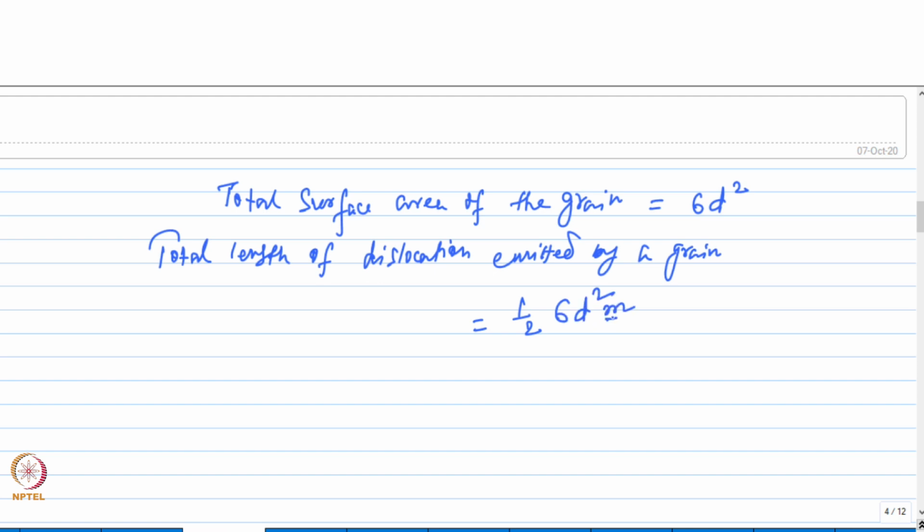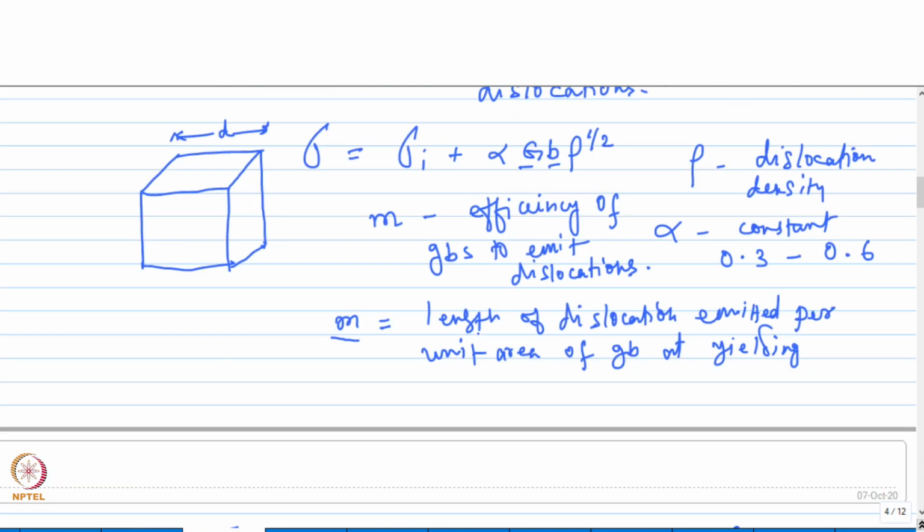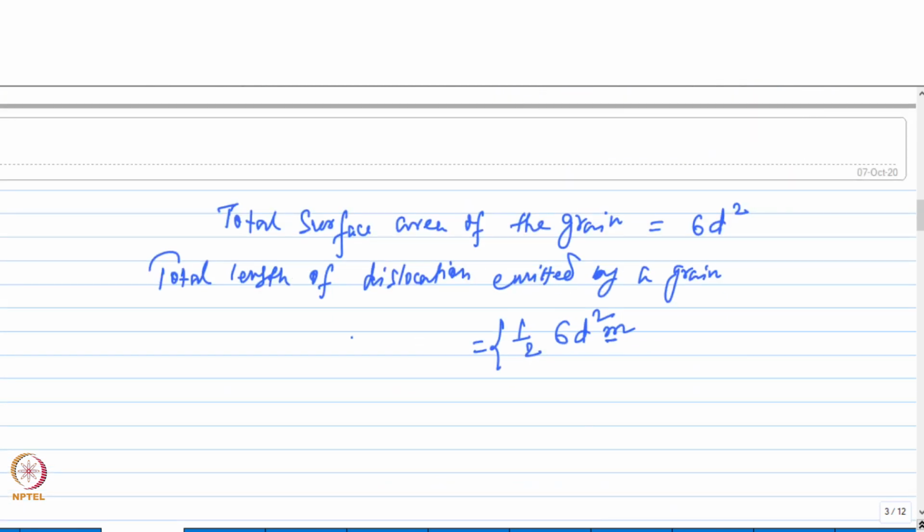Because M is the efficiency, so you have to bring M over here. And the factor half comes because each of the faces of this grain is shared by two grains, right? Each face will be shared by two grains, and that is why this factor half comes over here, okay?